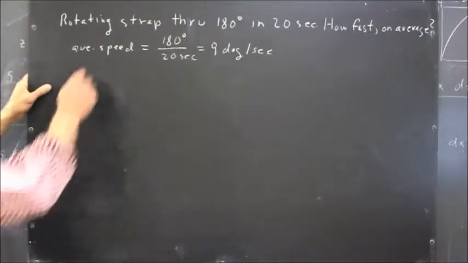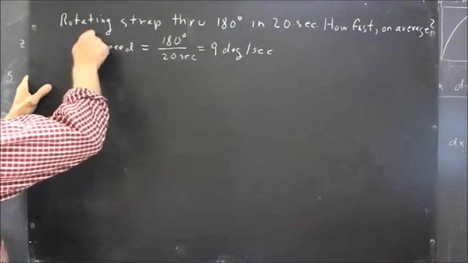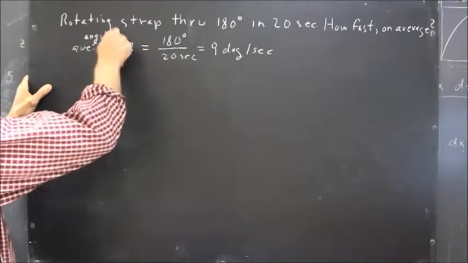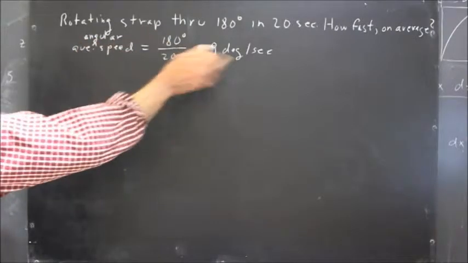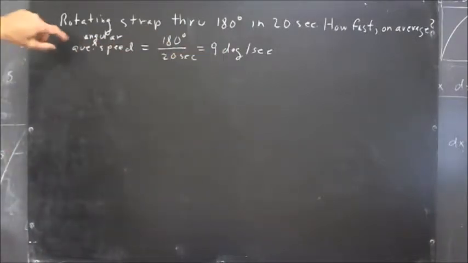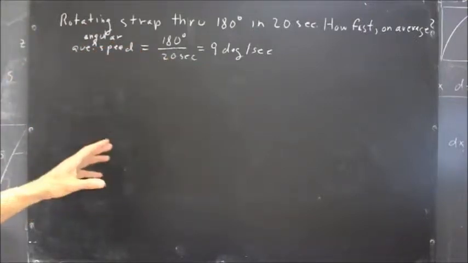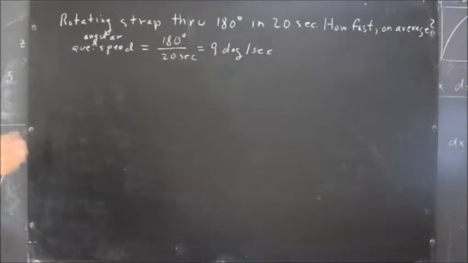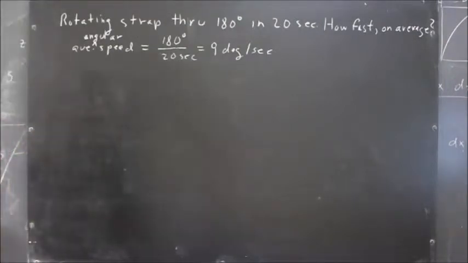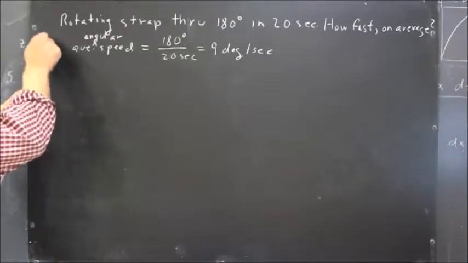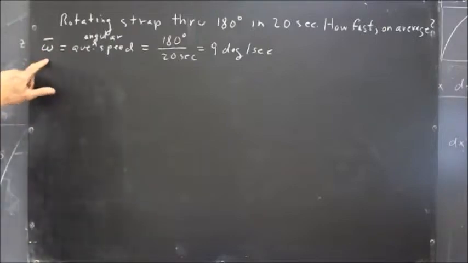I'm going to call this average angular speed, okay, which is 180. Well, the calculation is what it is. So we got an average angular speed of 9 degrees per second, and we don't want to use v for that. v would normally refer to speed, v with an arrow over it to a velocity. I'm going to call this omega bar.